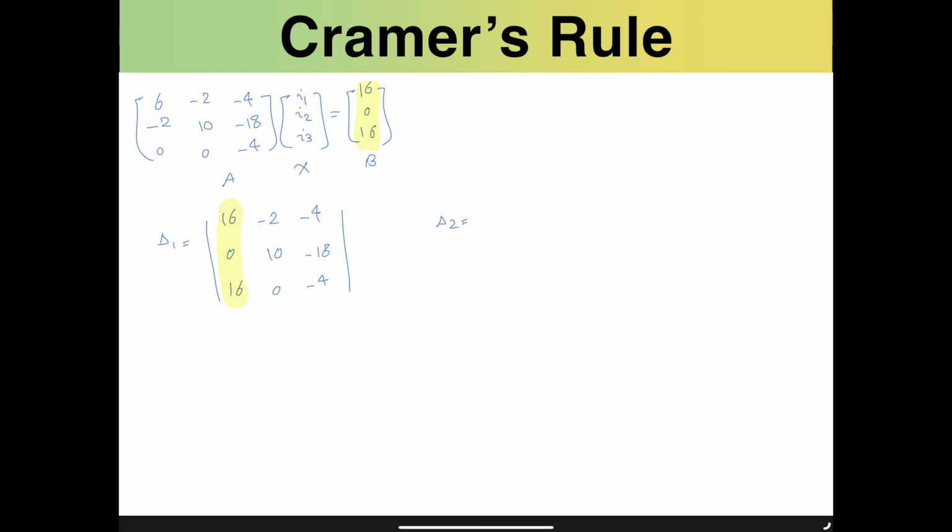Similarly, delta 2 and delta 3 are going to be calculated, such that in delta 2, the second column is going to be 16, 0, 16. And in delta 3, the last column is going to be 16, 0, 16. The rest of the columns are going to be taken from matrix A, as I am doing right now.